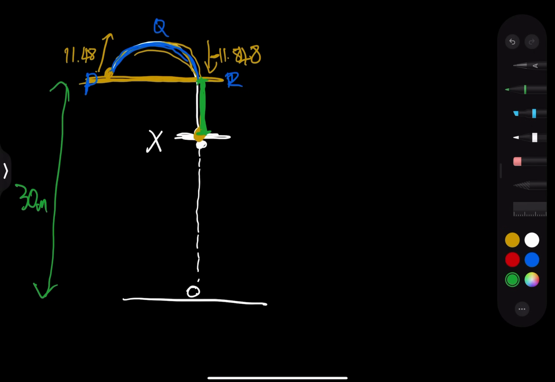Now, I'm going to consider the displacement of the ball going upwards. Let's say it was displaced an amount of D.